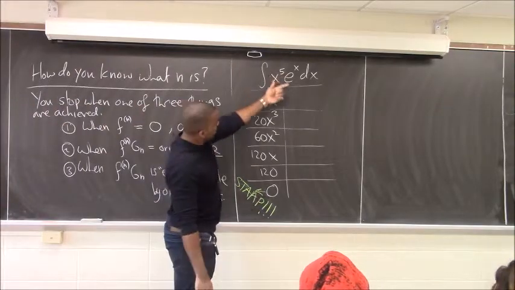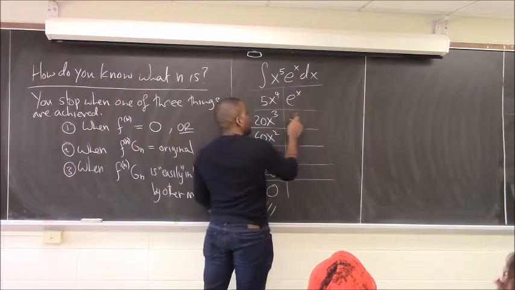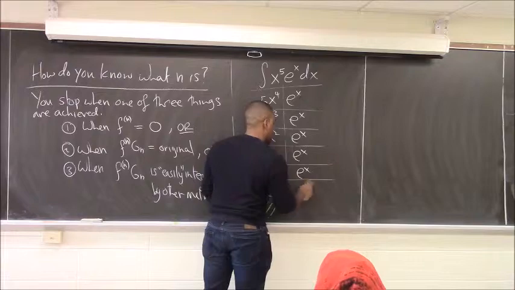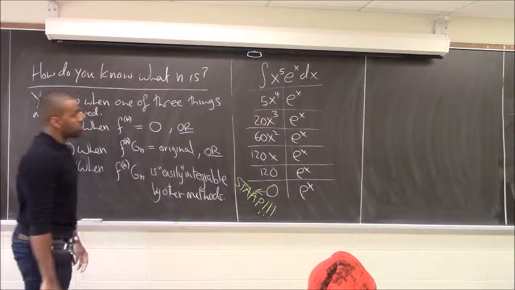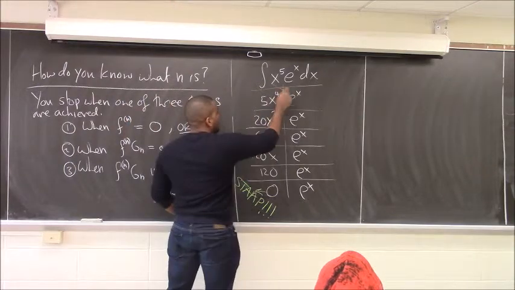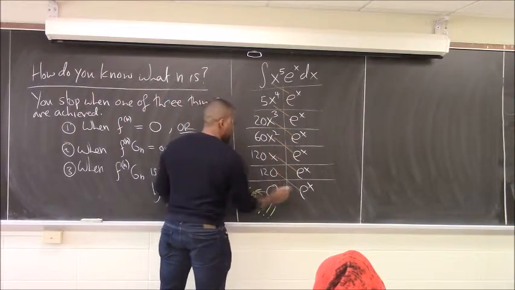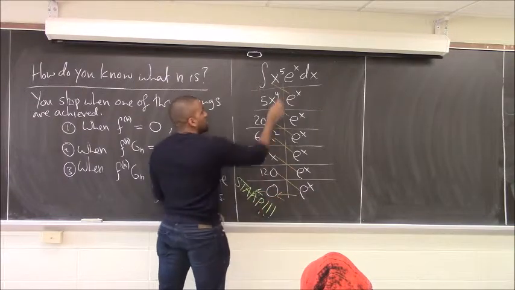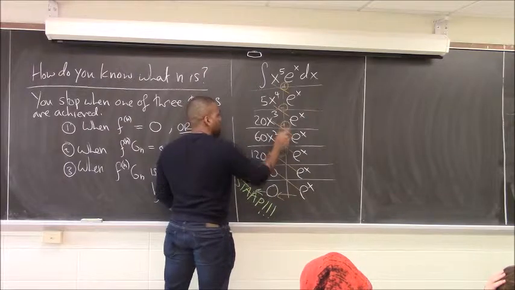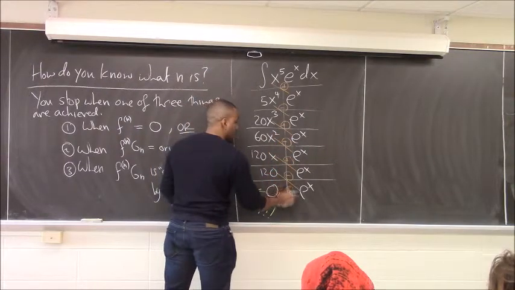So what I'm going to do now is integrate. So the integral of e to the x, this one's easy. You keep integrating to get e to the x back over and over again. And now we're going to multiply along the diagonals. The first one is a plus sign, then minus sign, plus sign, minus sign, plus sign, minus sign, plus sign.